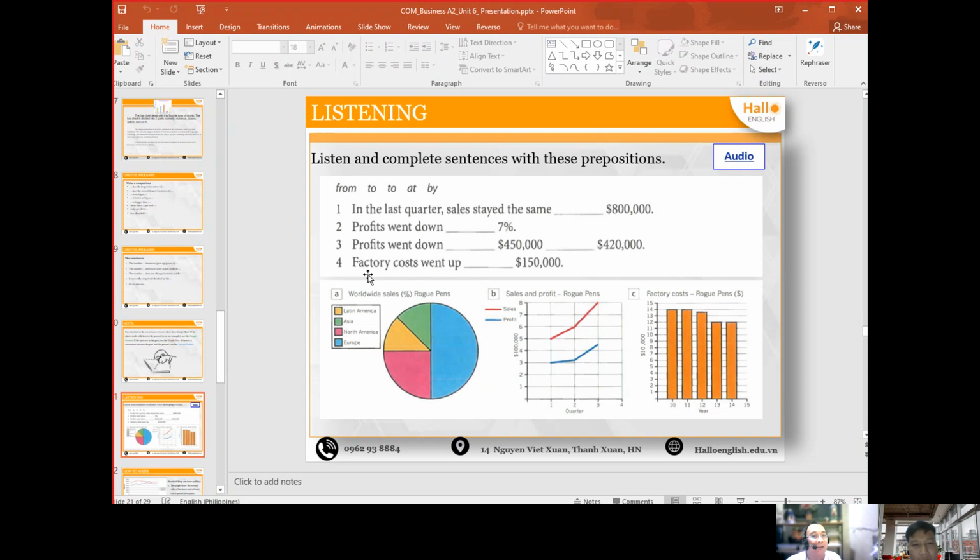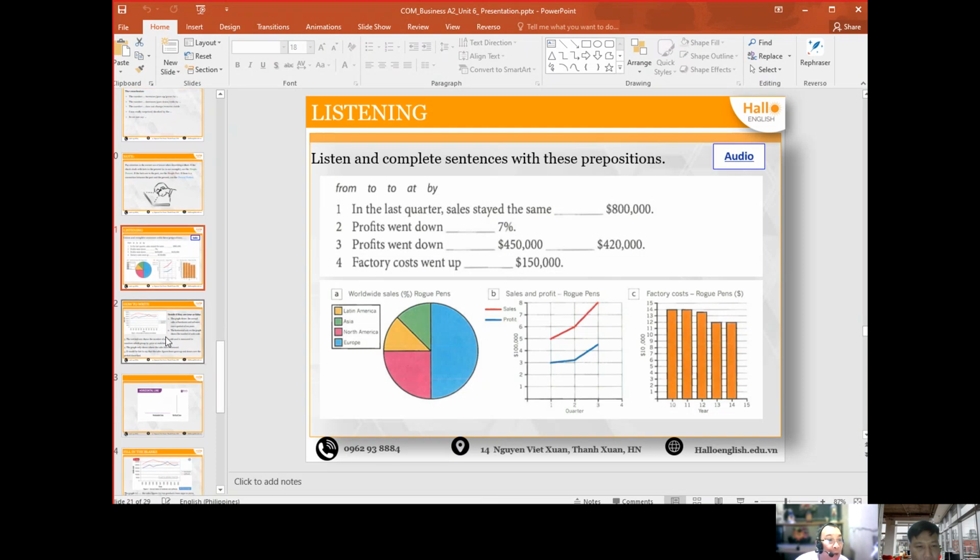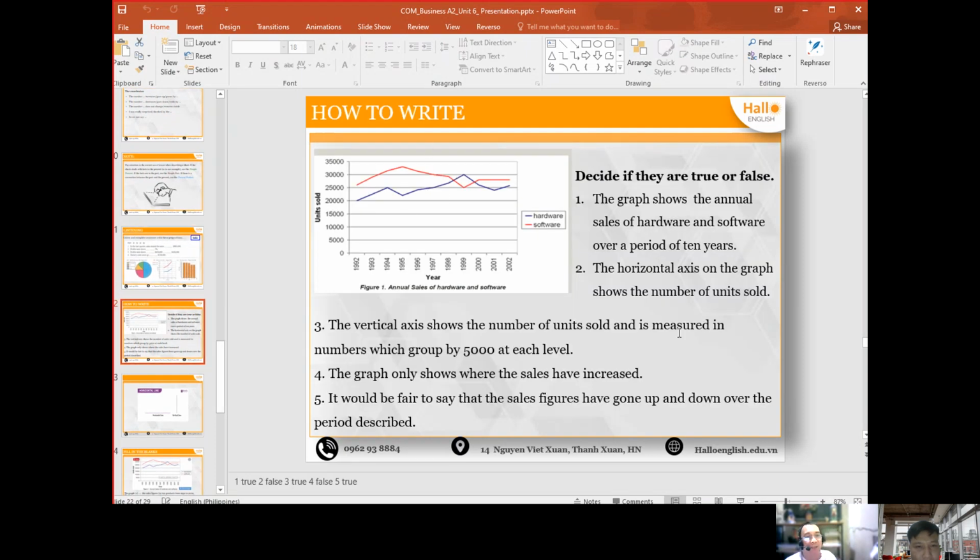And number four, factory costs went up to $150,000. Okay, so that is how we are going to use the proper prepositions. Do you have questions with that? No more? Okay, look at this one.